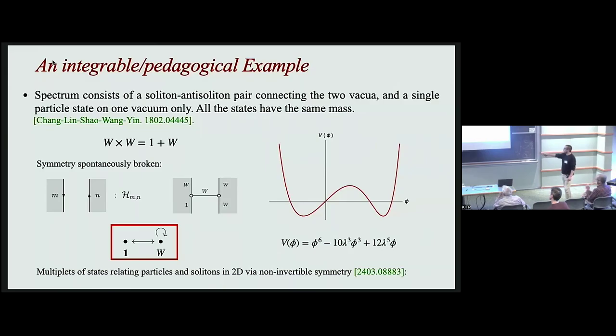We will see that we have two solitons, so one state from 1W and W1, and also one state in WW, which is something that we don't see with invertible symmetries. This is related to the idea that we can have multiplets of states relating particles and solitons in 2D with non-invertible symmetries, which is in this paper, where this example is worked out in detail. So this is essentially the type of thing that we are looking for.